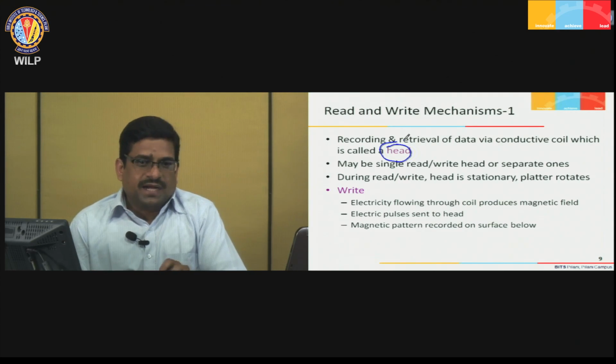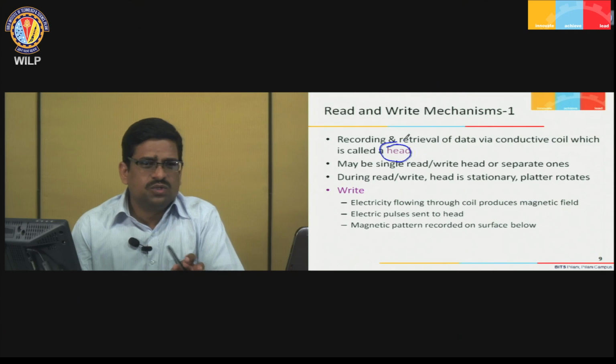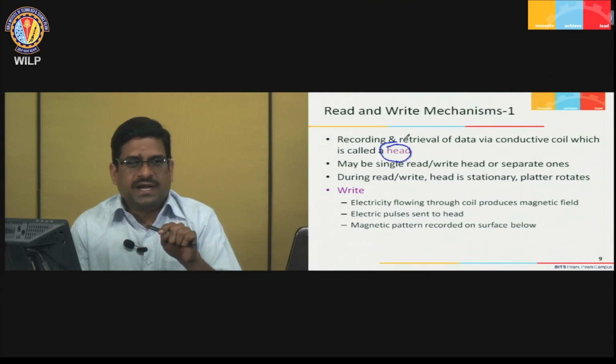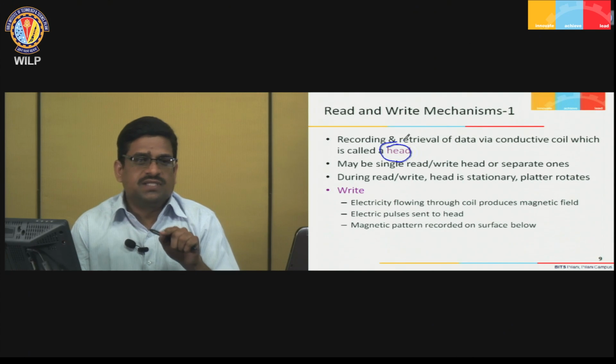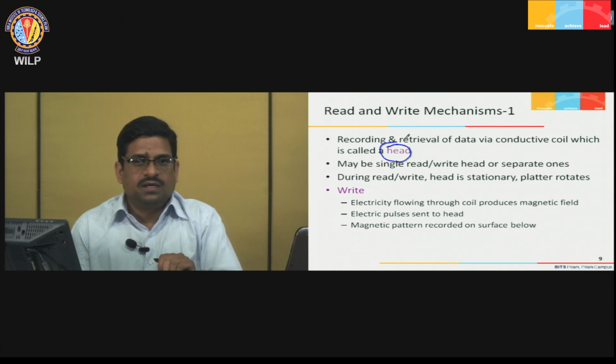But with multiple heads the disk circuitry becomes complex, so usually a single movable head is used. Once the request comes, the head moves to the desired track to locate that information.